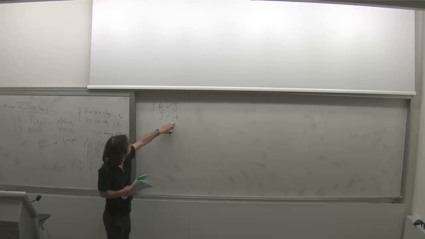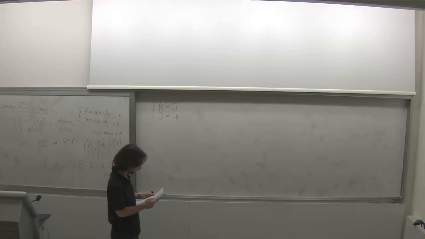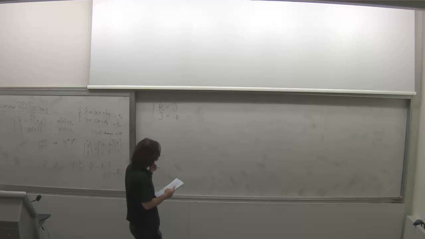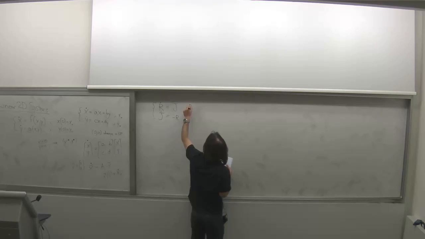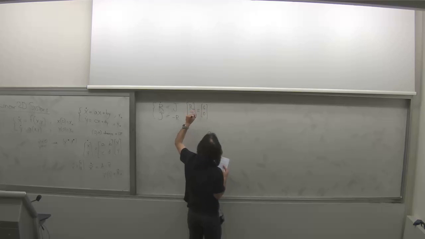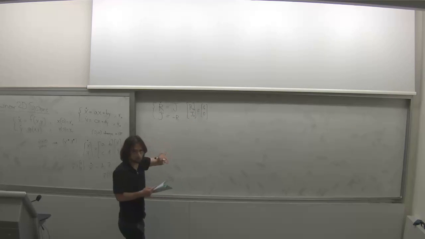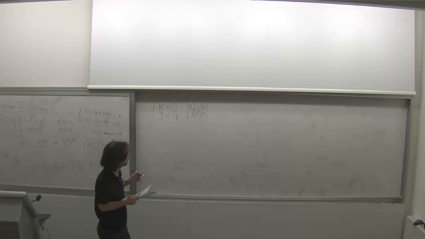Juliet, on the other hand, hates Romeo if he loves her, and loves him if he hates her. And we'll also pick some initial condition and start to check what happens with this system.